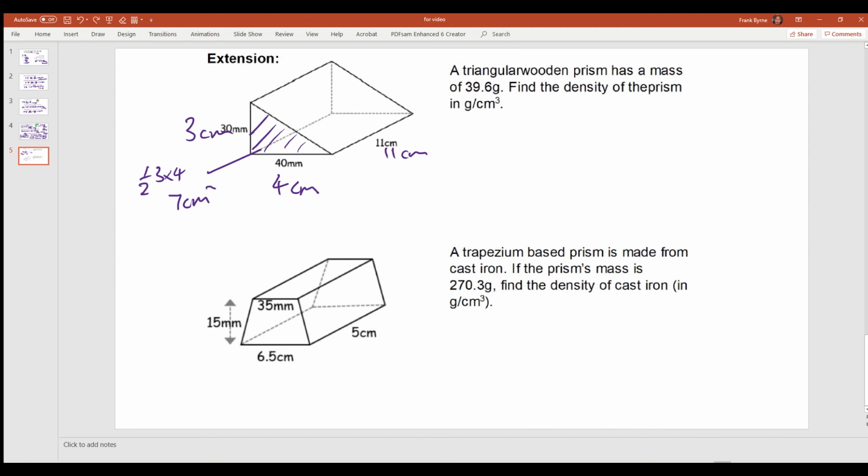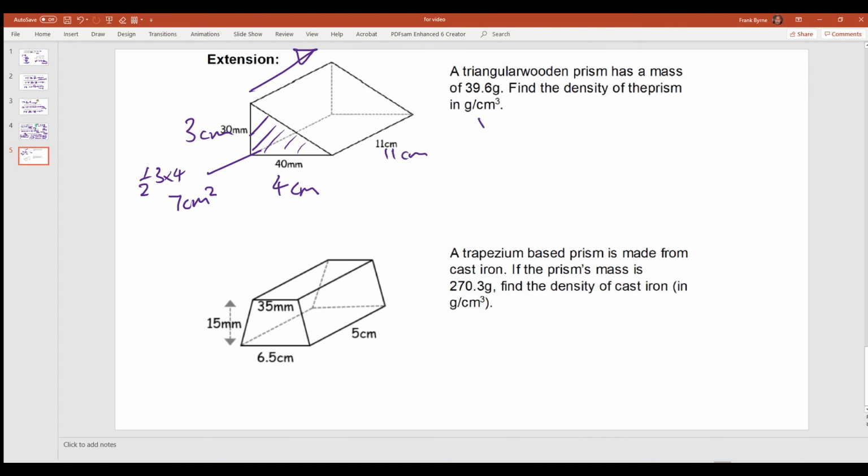Then we've got 11 centimeters down here. So the volume of this block is half times 3 times 4 times 11, which is 66 centimeters cubed.